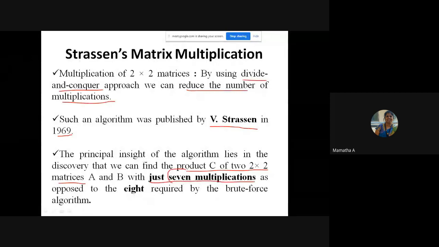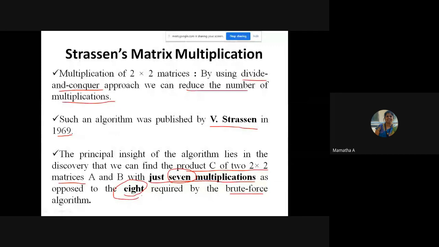So today we will see the algorithm proposed by V. Strassen for 2 cross 2 matrices, that I need 7 but not 8 as done by our brute force or naive or general method of matrix multiplication. So you can observe here, I took only one less.